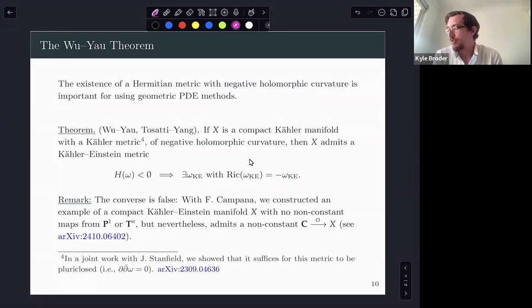One can produce compact Kähler-Einstein manifolds with no holomorphic mappings from P1 or tori, but which may nevertheless still have a non-constant holomorphic mapping from C. So negative holomorphic curvature is much stronger than admitting a Kähler-Einstein metric with negative Ricci curvature, for example. Okay.